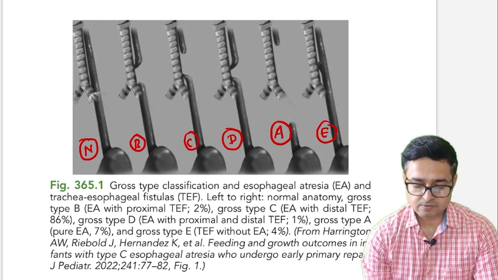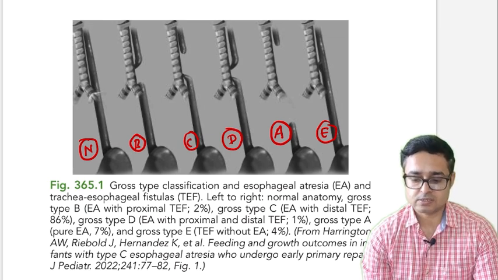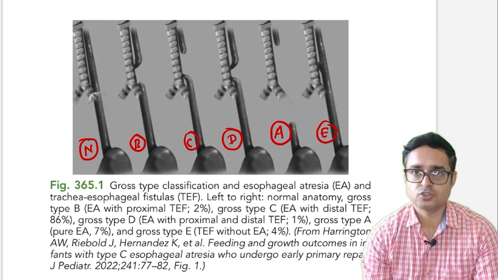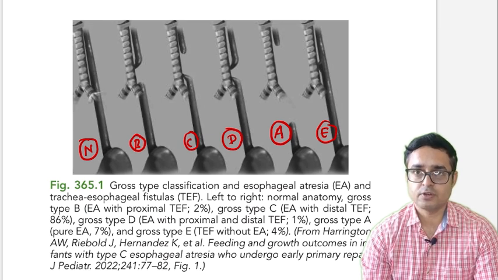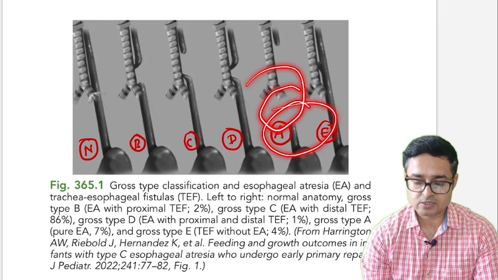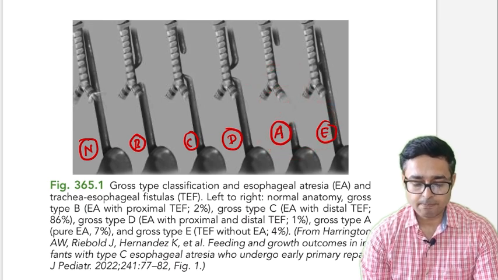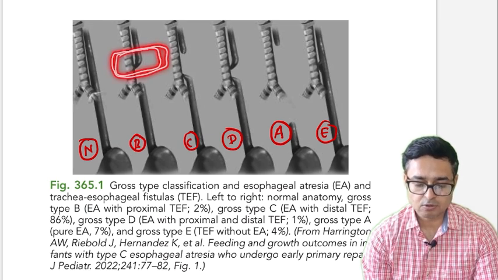First we will see what A is. A is pure esophageal atresia, no anastomosis. If someone asks you what esophageal atresia type A is, it is pure esophageal atresia without any tracheoesophageal anastomosis. Back to type B: esophageal atresia with proximal tracheoesophageal fistula, as we can see.